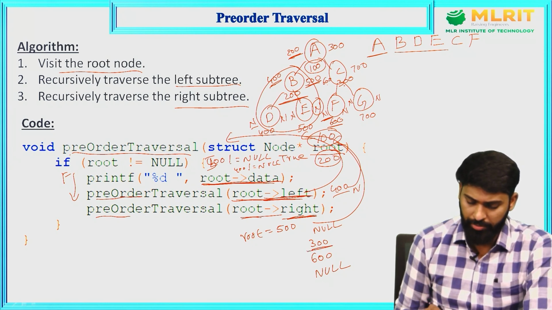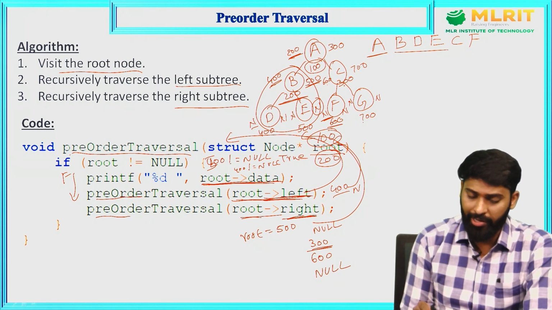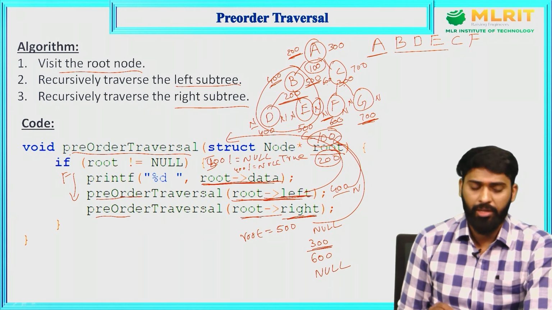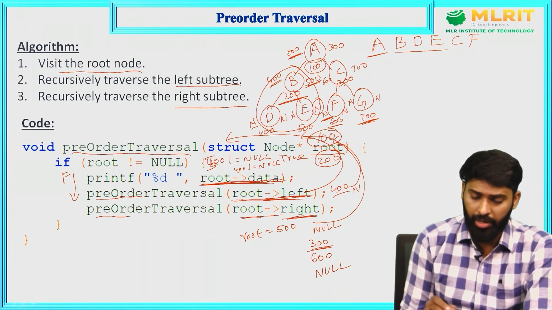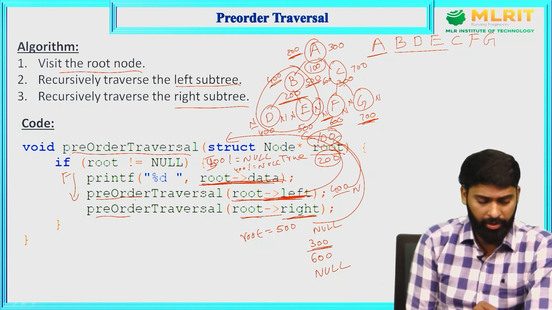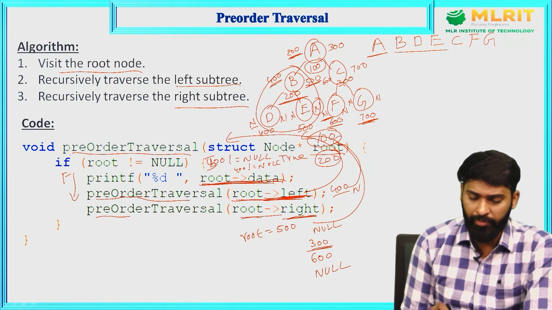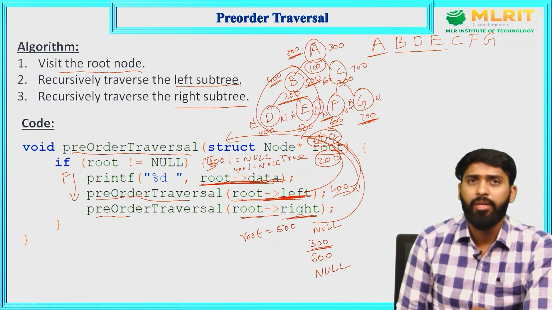It is 300, so 300 arrow right, that is 700. 700 not equals to null. Yes, it is true. So, print 700 arrow data, G. Now, we call the same function pre-order traversal. 700 arrow left is null. Yes, now root is null. So, null not equals to null, false.